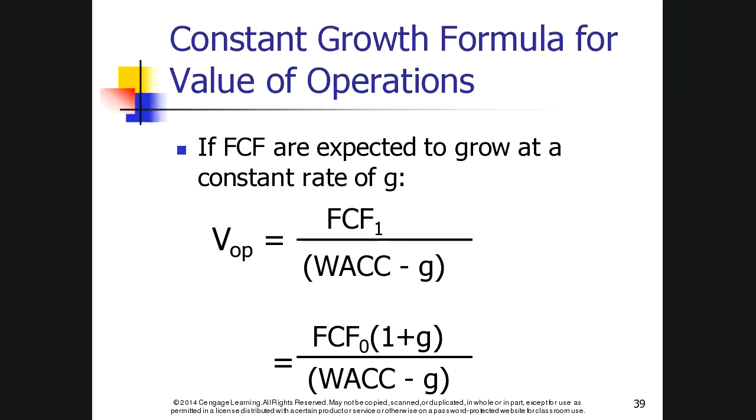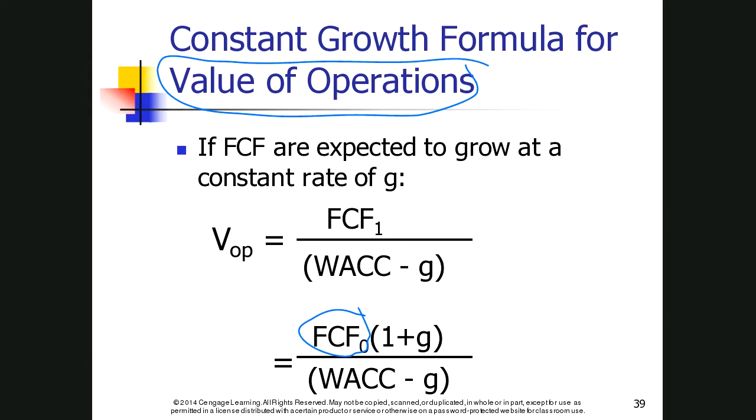Okay, first step, we are going to calculate the value of operations. So we're going to take the last free cash flow times 1 plus G to get the next free cash flow, free cash flow 1, okay? Divided by, now this time the required rate of return is replaced by WACC.